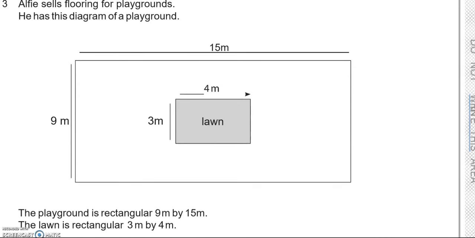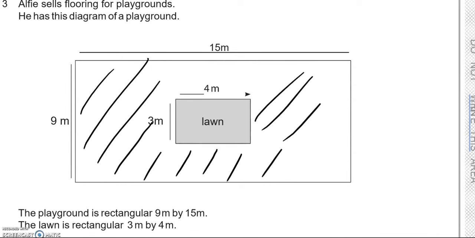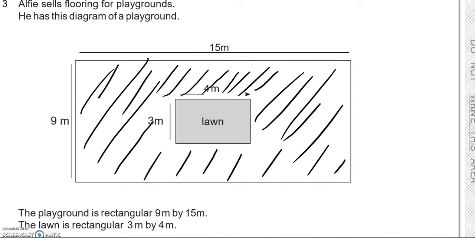So we're only going to need to calculate this area that I am highlighting, not including the lawn. So to work out the total area overall, we've got to multiply 15 by 9. And then we're going to take away this area of the lawn, which is worked out by multiplying 4 by 3.